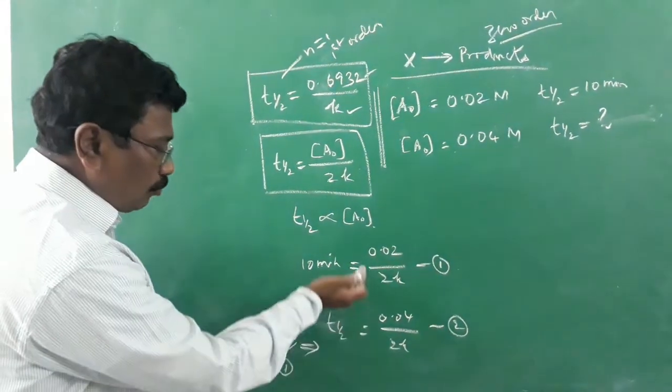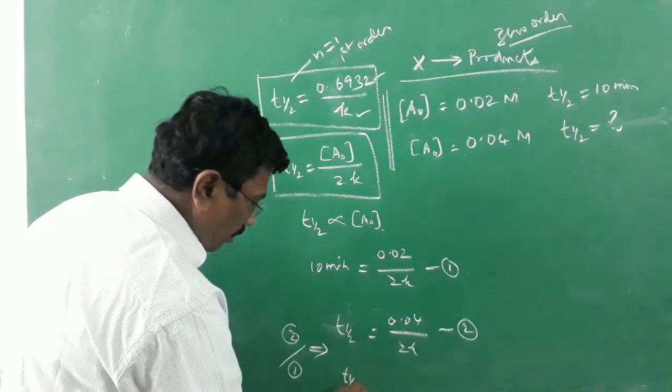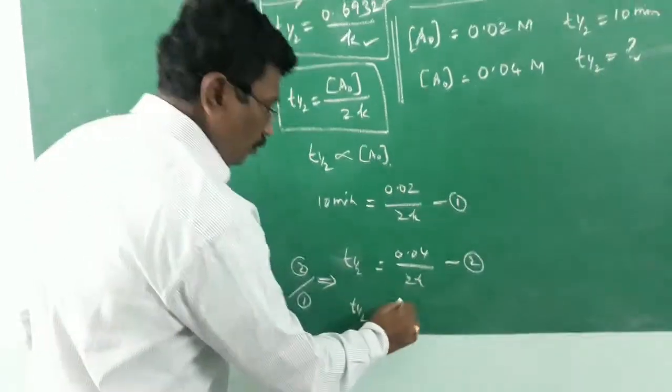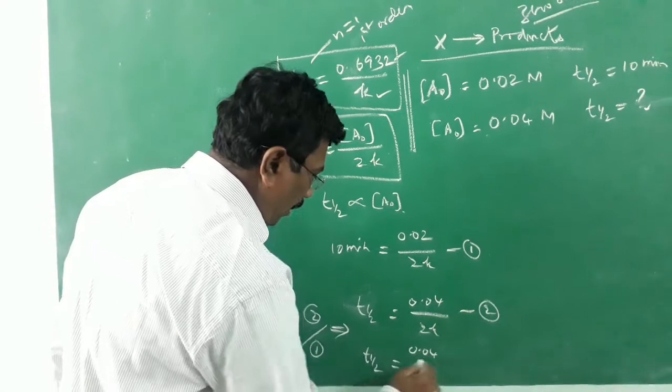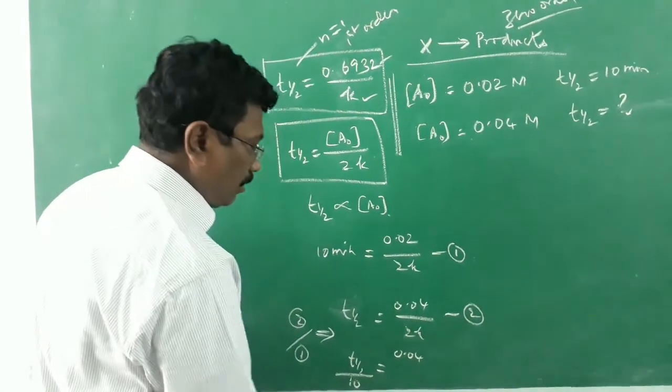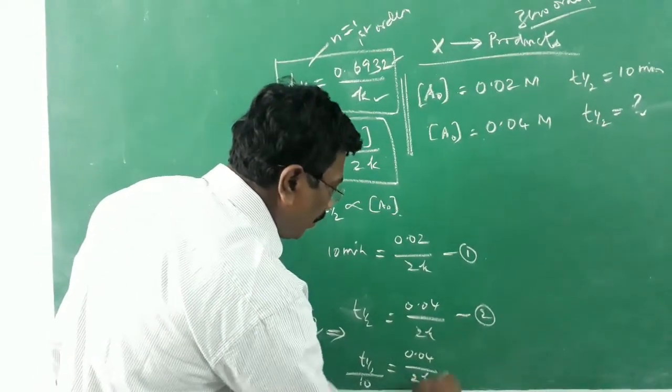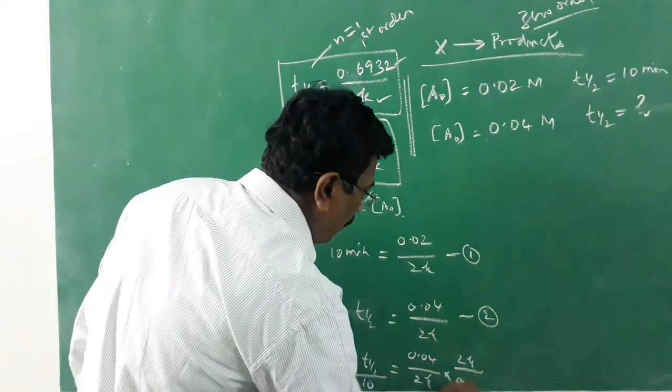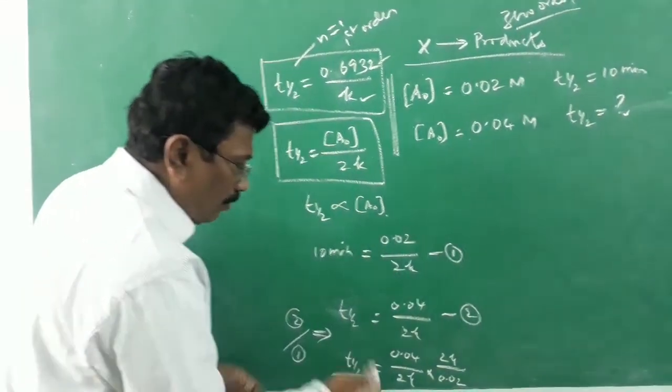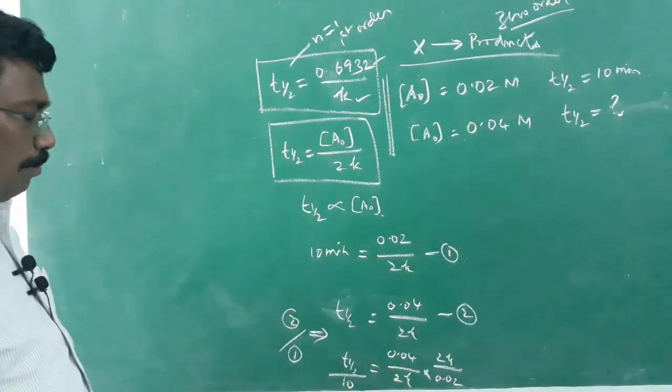If I divide equation 2 by 1, what will I be getting? T half divided by 10 is equal to 0.04 divided by 2K into 2K divided by 0.02, because when I divide, I have to multiply the reciprocal.